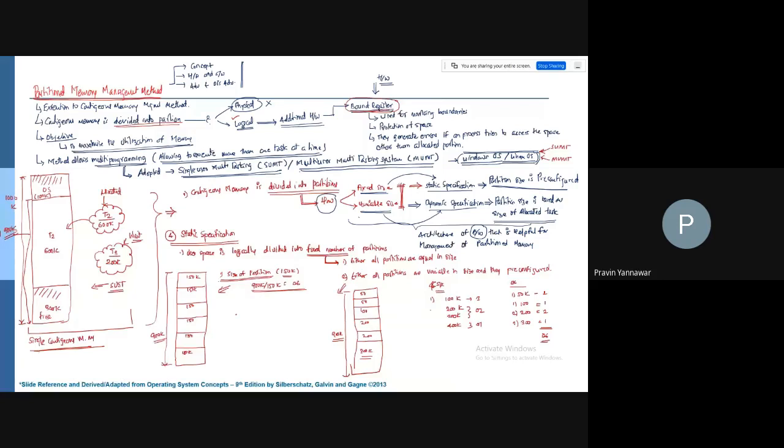Okay, so this is for handling this much important point. Since the partition is logically created, we need a table structure to manage everything. So we are going to maintain a partition table here.